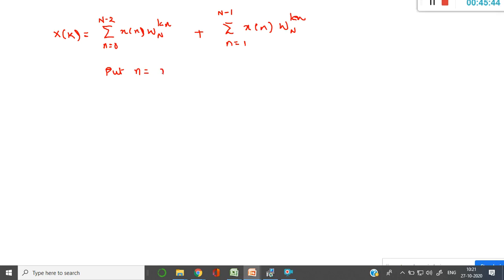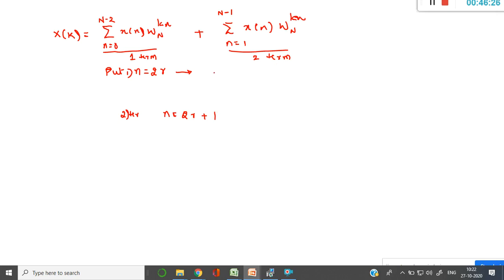All the time it is multiplied with some factor, 2r, right? So that is what I try to do for the first term. This is the first term and this is the second term. Now for the first term I'll put n equal to 2r. For the second term I'll put n equal to 2r plus 1, because that is the odd sequence that I have taken.